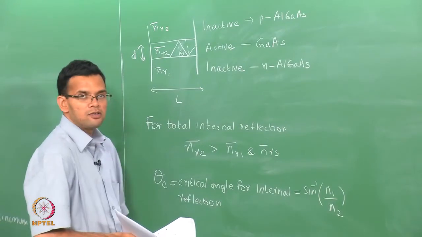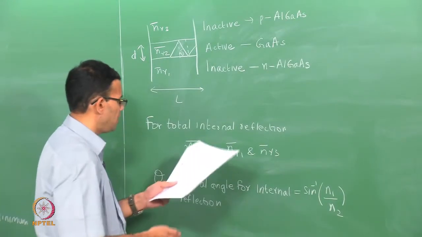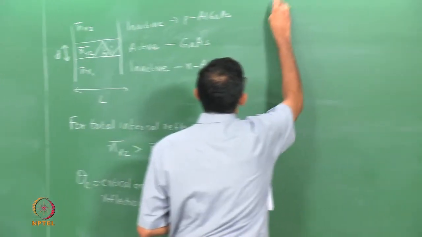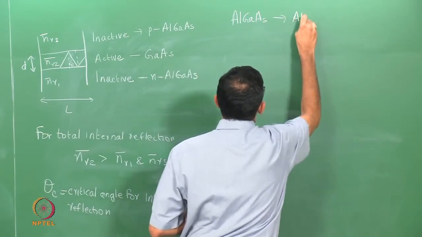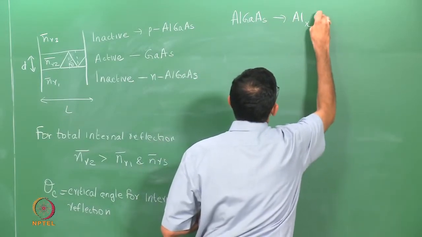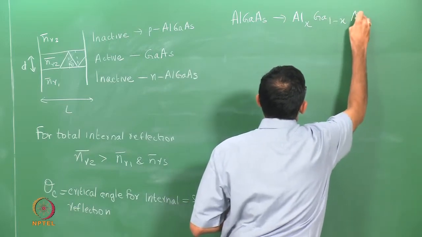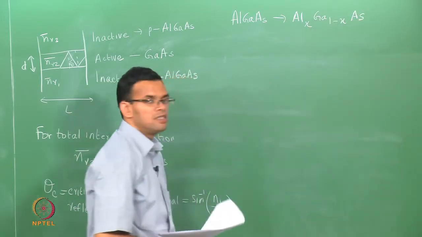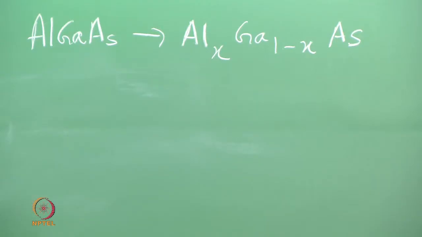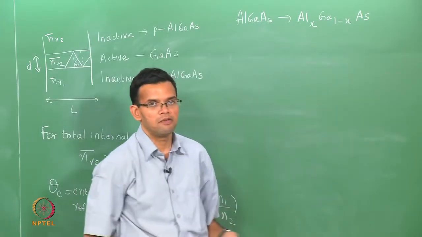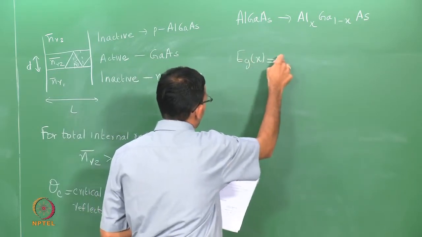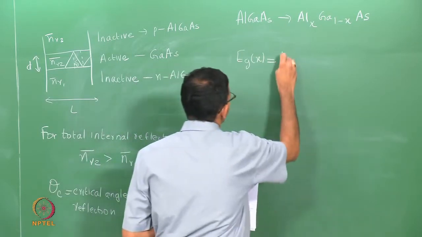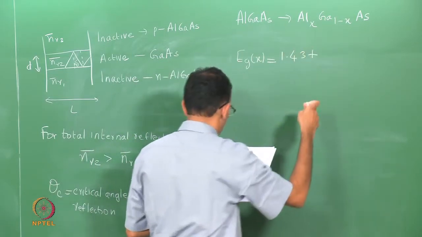So, consider the case of your gallium arsenide, aluminum gallium arsenide material. Aluminum gallium arsenide can be written as aluminum X, gallium 1 minus X As. So, this is a structure that is formed by combining aluminum arsenide and gallium arsenide, and the property depends upon the value of X. For example, the band gap Eg as a function of X is nothing but 1.43 plus.